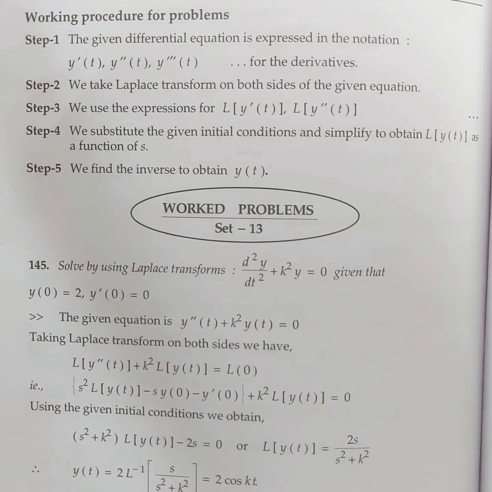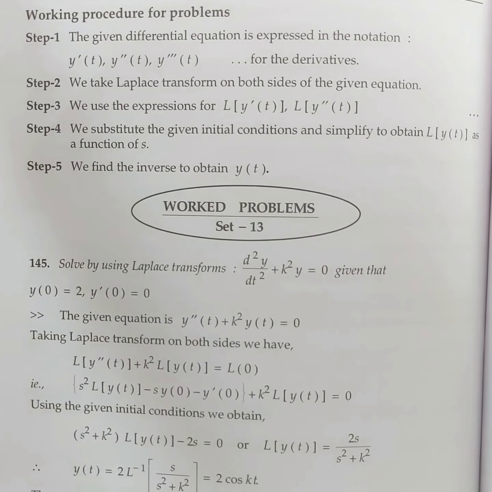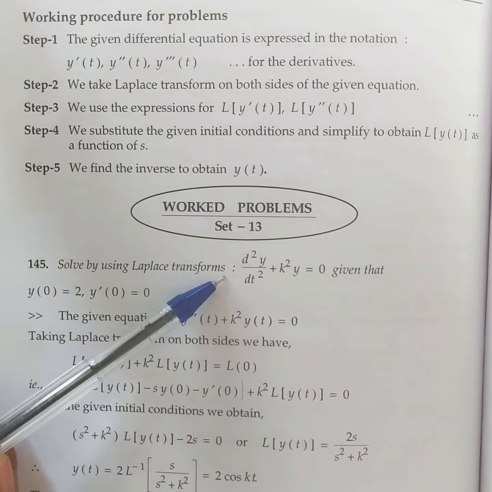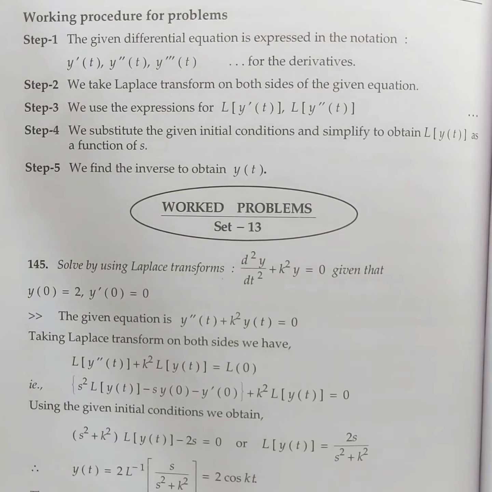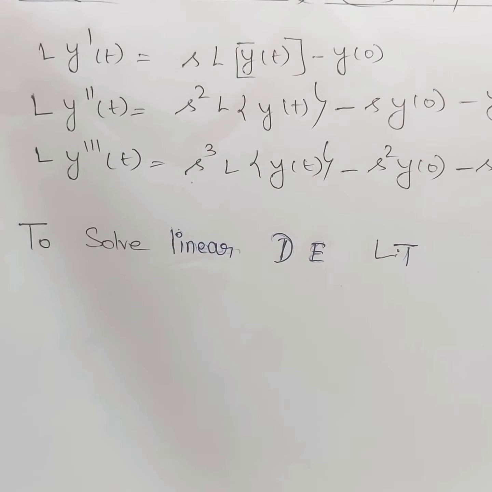So step 1 is, whatever the given differential equation, we have to express that in proper notation. And we have to arrange the differential equation if it's not in order. If it's completely proper, then the first step is you have to apply Laplace transform on both sides. Okay? And then we are going to use the set of formulas. I'll tell you what those formulas are. This we have seen, right?